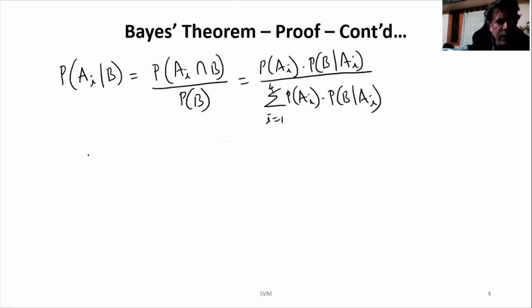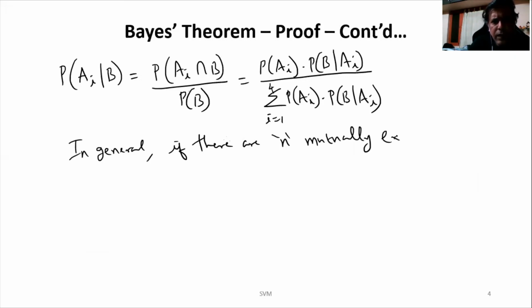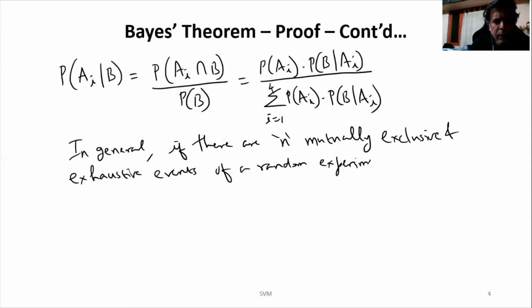Whatever we derived is meant for 4 events. So in general, if there are n mutually exclusive and exhaustive events of a random experiment, then I can generalize this.